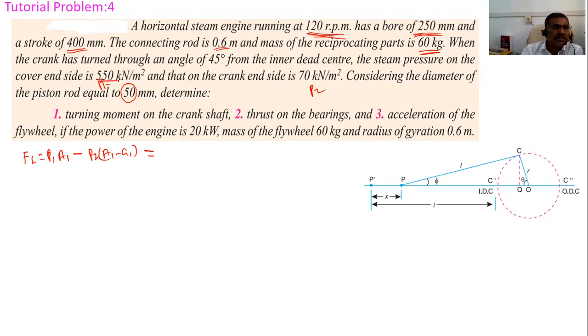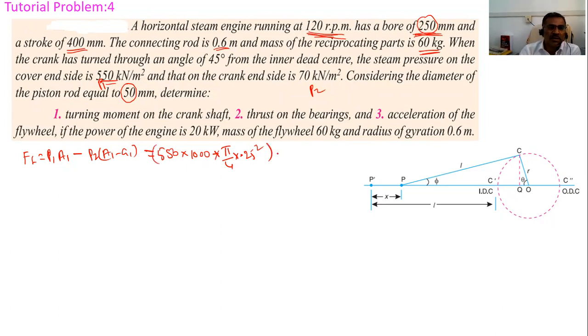P1 is equal to 550 into 1000 Newton per meter square, multiplied by the area pi by 4. What is the diameter of the bore? It is 250, so pi by 4 into 0.25 squared, converted to meter. This is P1 A1.